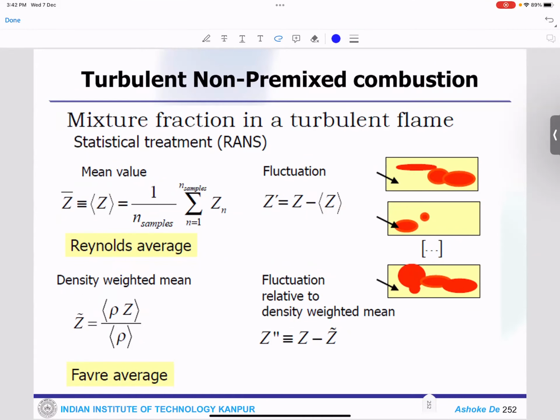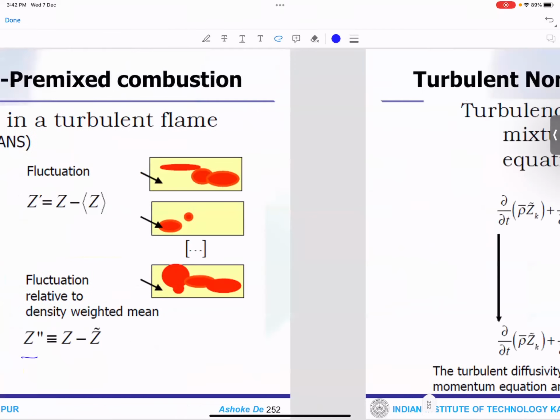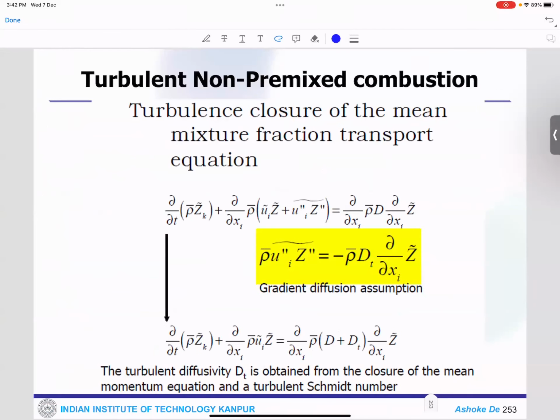If you move to the situation where things are turbulent, again the flame structure is going to be distorted. So you need the Favre averaged quantity of that, and then you get the variance of that. In the RANS context, you will have the density weighted mean and density weighted variance, and then you have the equations for the mean quantity, and this unclosed term, which is closed with a gradient diffusion assumption, which, as I said, we do most of the time.